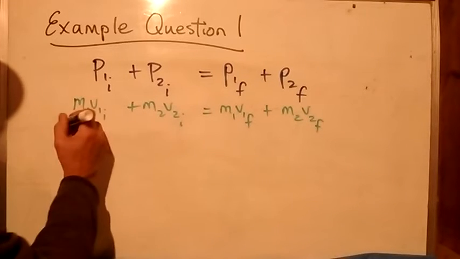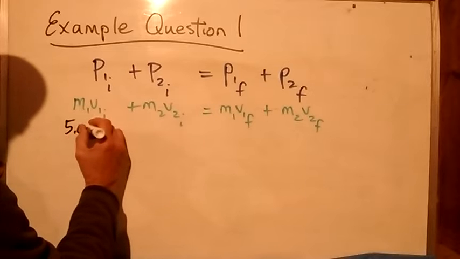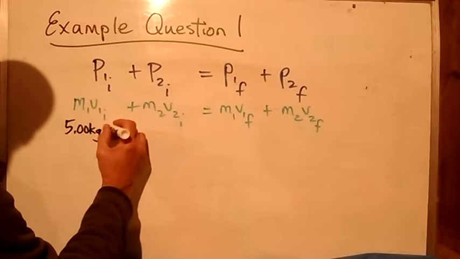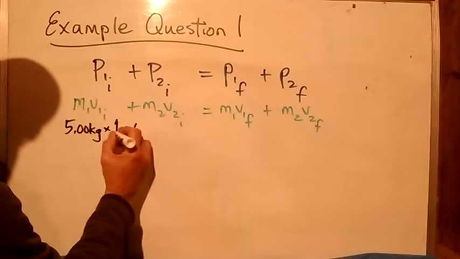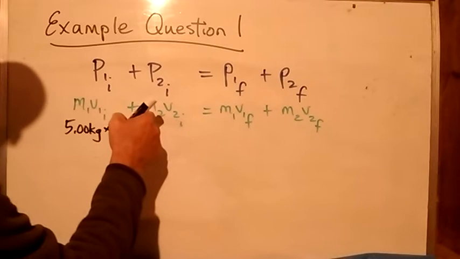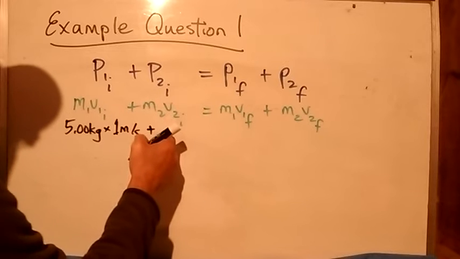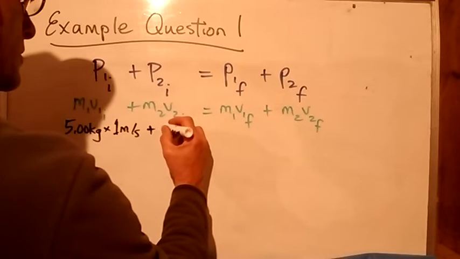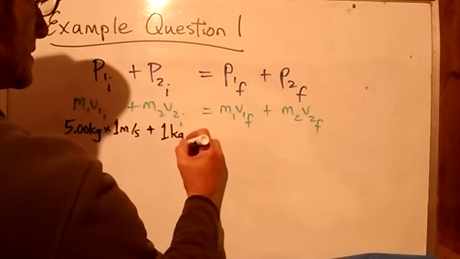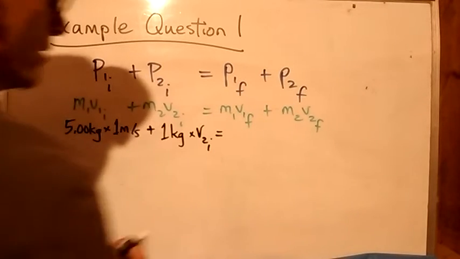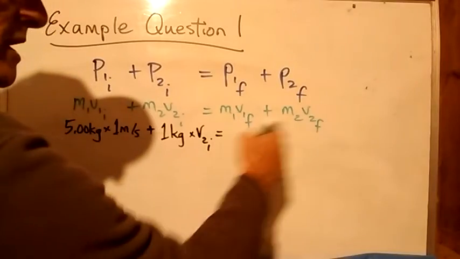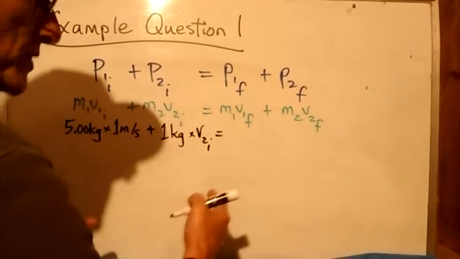The first fish had a mass of 5 kilograms and a speed of 1 meter per second. The other fish had a mass of 1 kilogram. We don't know what its initial speed is, though. What we do know is that the speed of both fish at the end was 0.